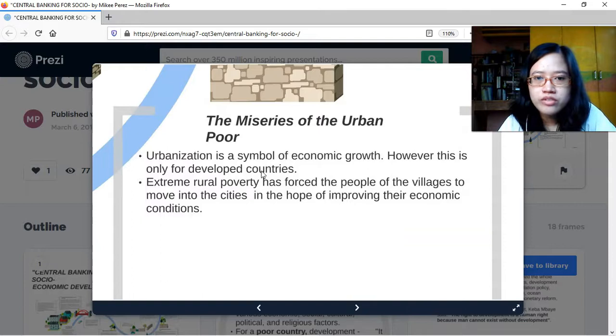The miseries of the urban poor. Urbanization is a symbol of economic growth. However, this is only for developed countries. The Philippines is still a developing country. Extreme rural poverty has forced the people of the villages to move into the cities in the hope of improving their economic conditions. Because in the cities, there's a lot of business activity.